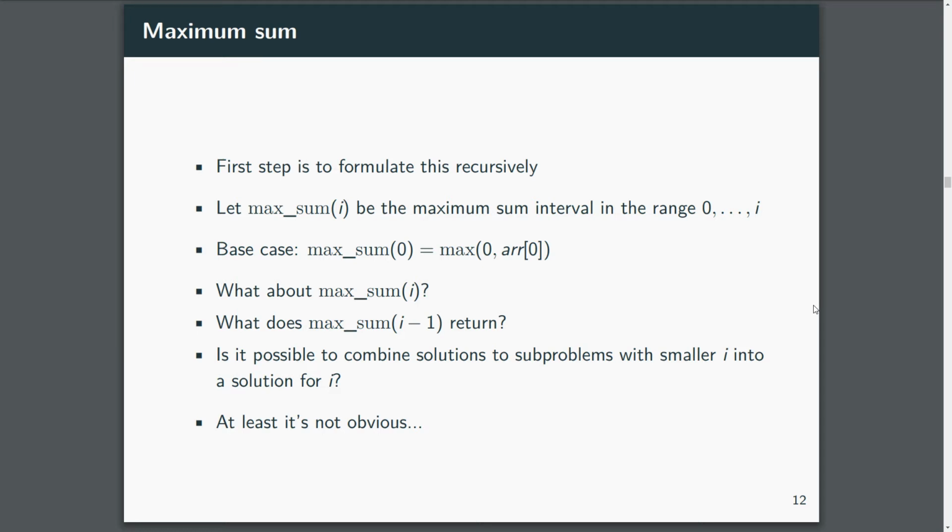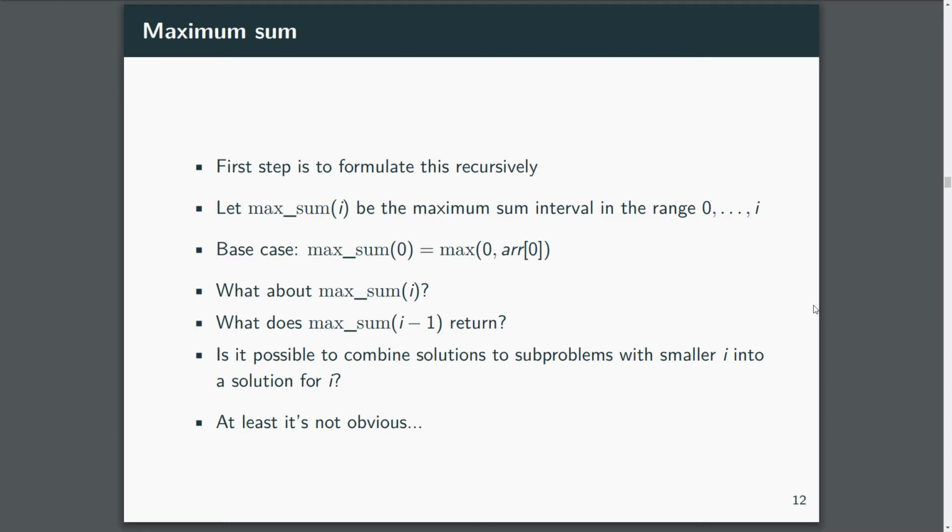Okay, so the first step is to formulate. So let's say that max sum of index I is the maximum sum interval in the range 0 to I. So we kind of cut off at the end of our array, and we're solving a smaller version of it.